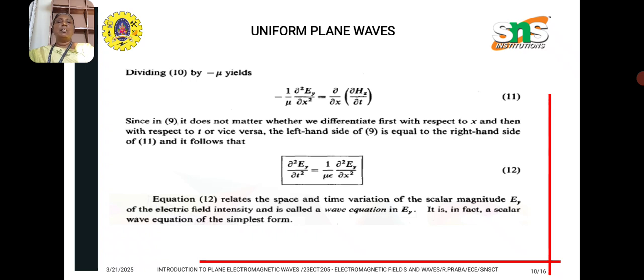So finally we can write ∂²Ey/∂t² equal to 1 by mu epsilon ∂²Ey/∂x². This is equation number 12, which relates the space and time variations of the scalar magnitude of the electric field intensity, and is called the wave equation of Ey.